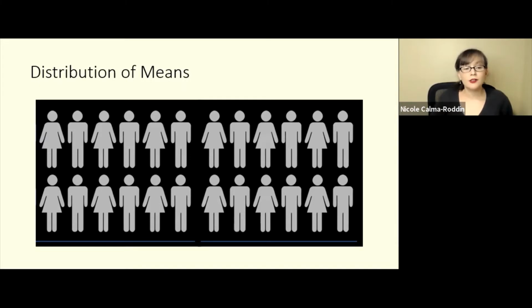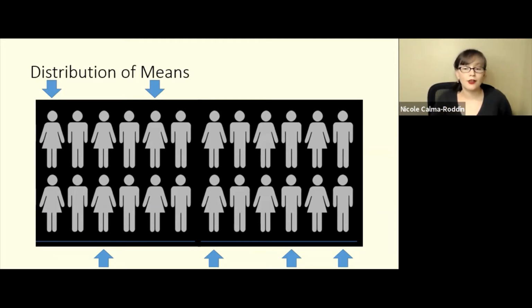In our comparison distribution, theoretically, we can create our distribution of means by taking a sample out of our population. So for instance, we take these 6 people, we get the average of their scores. In this case, our sample is 6 people, so we're going to take a group the same size as our sample.